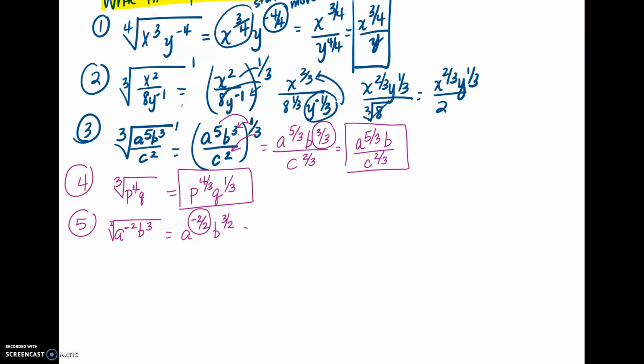Right here we can simplify this. This becomes a to the negative 1st, b to the 3/2. We cannot have a negative exponent. That's going to go to the bottom. This is going to stay. So in our numerator we have b to the 3/2 over a to the 1st, which is equivalent to just a.